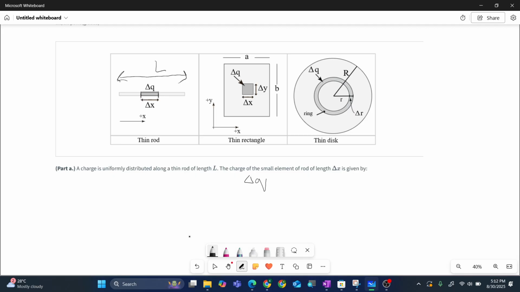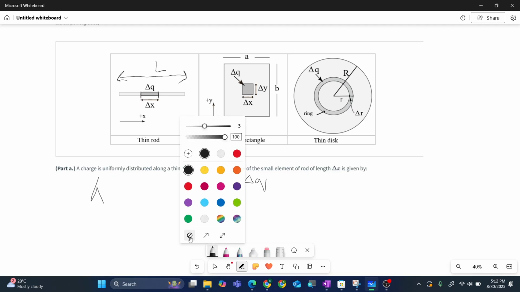Okay, very simple. We have the charge density we are using here, which is lambda.